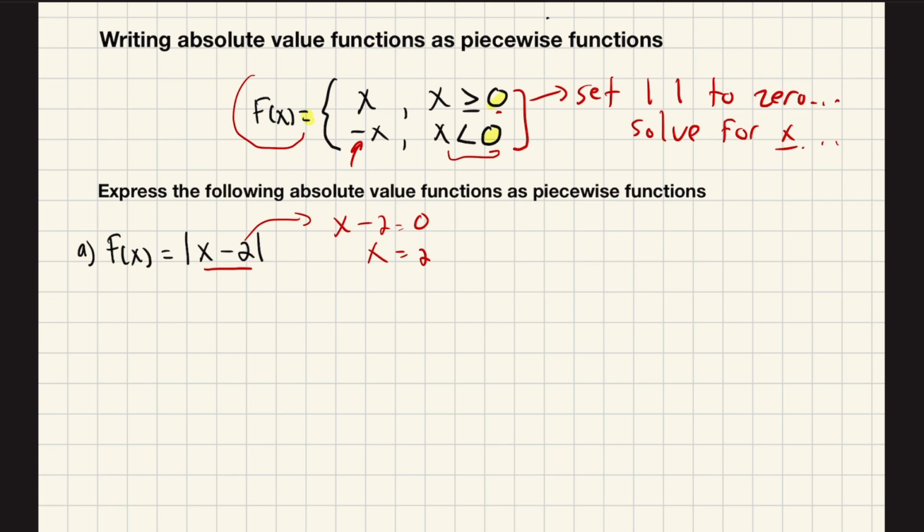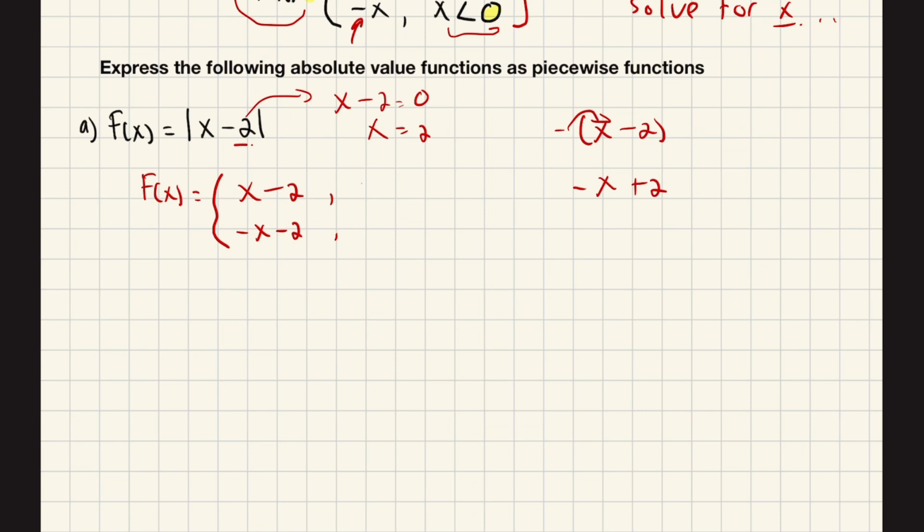So if I'm writing this as a piecewise function, it's going to be f at x is equal to. Now, when I say x, that means that it's just going to be the original function inside the absolute value bars, right? There's nothing being multiplied or taken away, so it'll be x minus 2 when x is greater than or equal to 2. And then it's going to be negative (x minus 2) when x is smaller than 2.